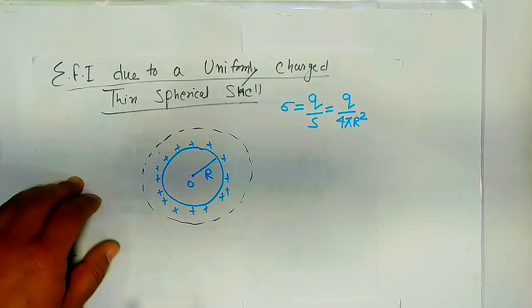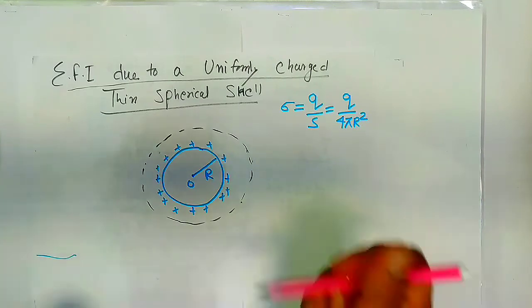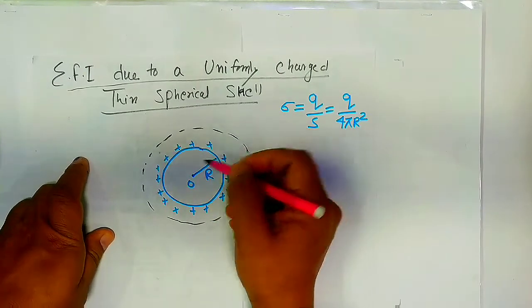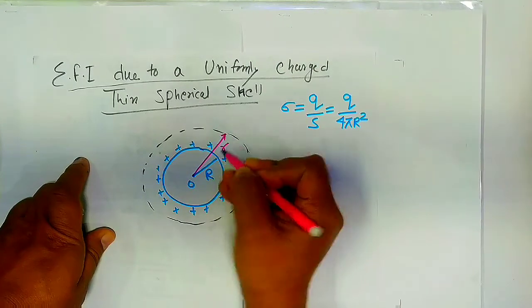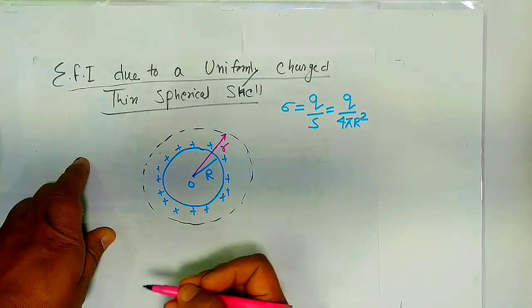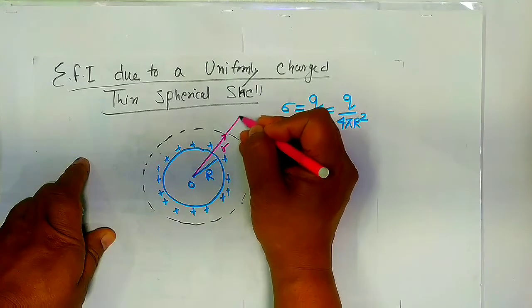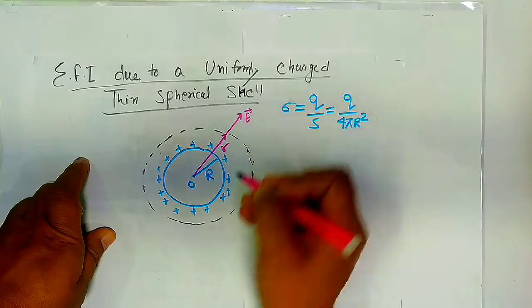The Gaussian surface for this will again be a sphere. There can be three cases: on the shell, outside the shell, and inside the shell. Say this distance is small r, and we all know the electric field will be outward.